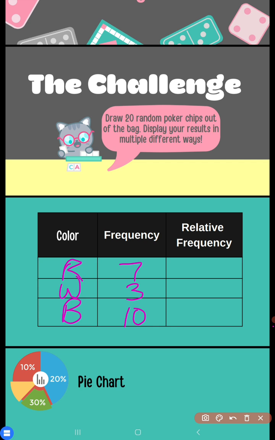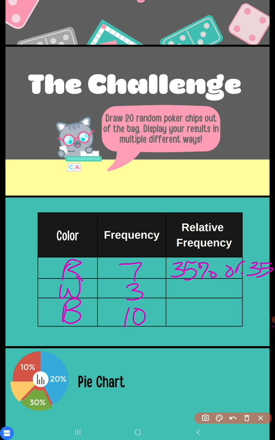Pretty easy, okay? You could also present the same data in a slightly different way by telling me the relative frequency. When I do a relative frequency, I'm giving the information as a percent or as a decimal out of the total. For example, if I have 20 total poker chips and 7 of them are red, the relative frequency I could write as either 35%, or I could list that as 0.35 because those are the exact same thing.